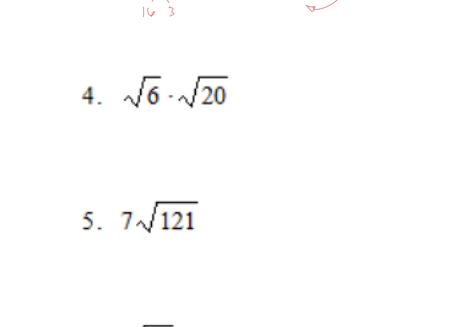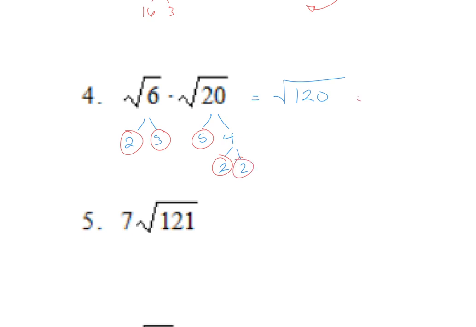Now, for number 4, we have 2 separate square roots. They're being multiplied together, so you could go ahead and combine them to be 120. Your other option is the square root of 6 is already simplified because 2 times 3 is 6. Not extremely helpful. But what you could do is go ahead and factor this to where now you're like, well, listen, I have a 2 and a 3 and a 5 and a 2 and another 2.